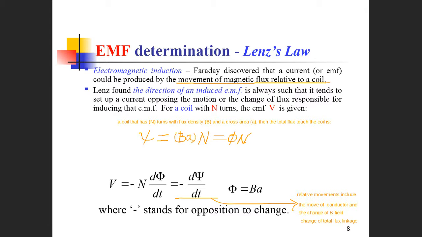We may fix the coilers and change the B field, or rotate the coiler in a constant B field.